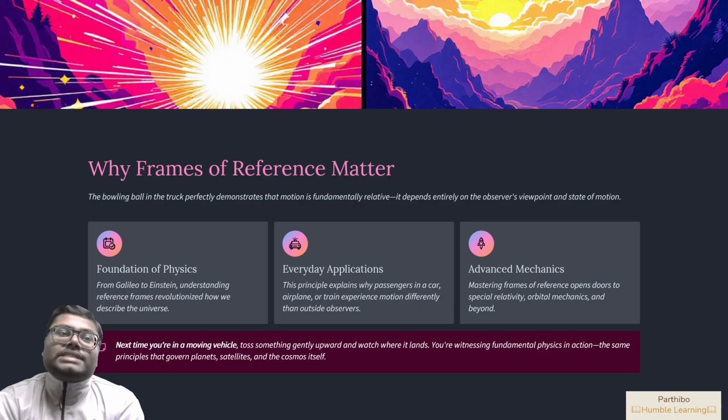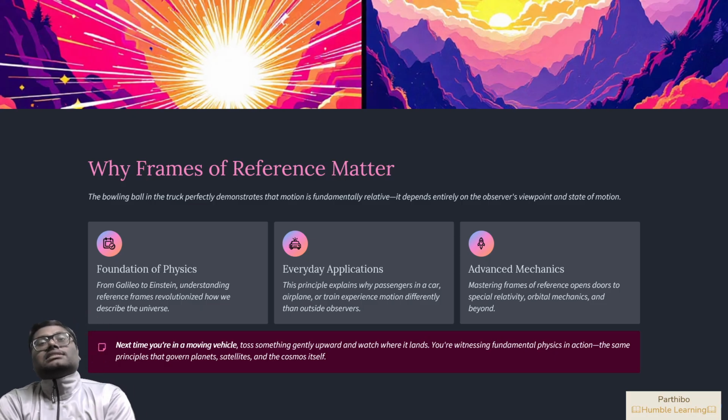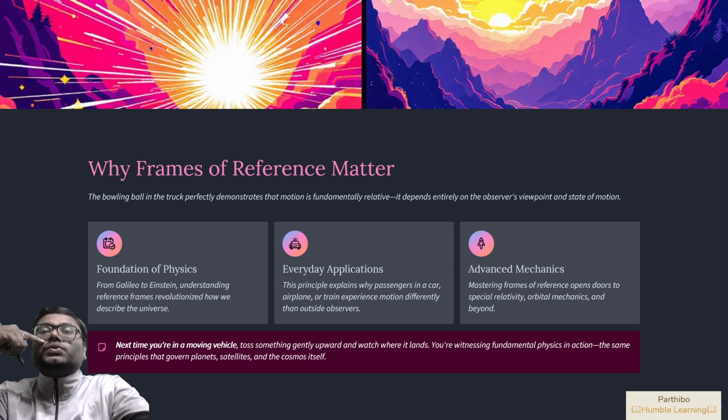From Galileo to Einstein, understanding reference frames revolutionized how we describe the universe. This principle explains why passengers in a car, airplane, or train experience motion differently than an outside observer. So mastering frame of reference opens the door to special theory of relativity, orbital mechanics, and beyond.